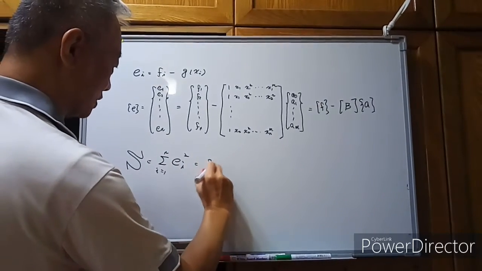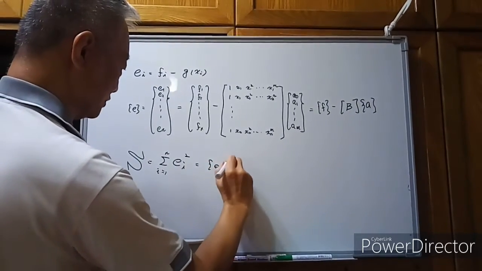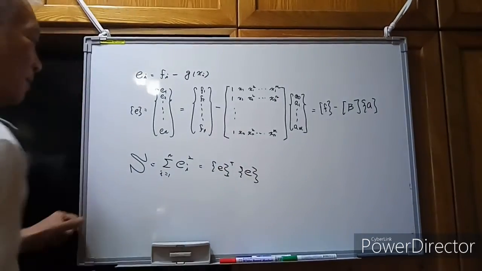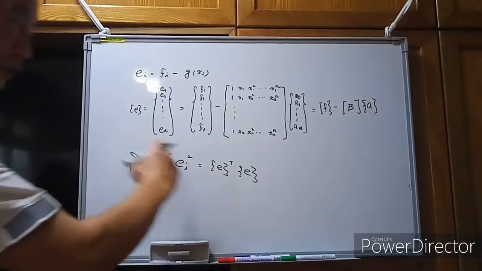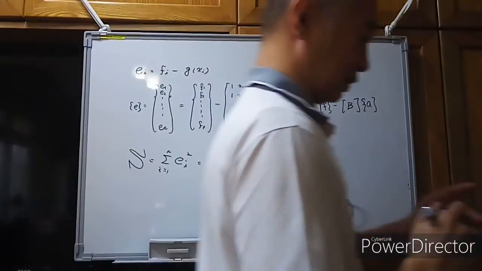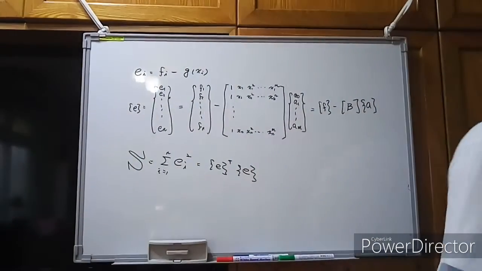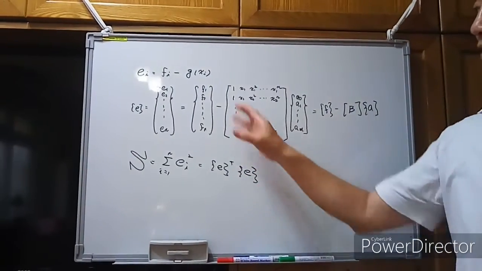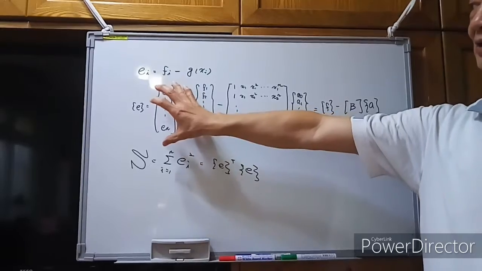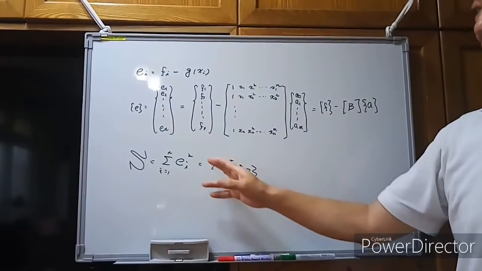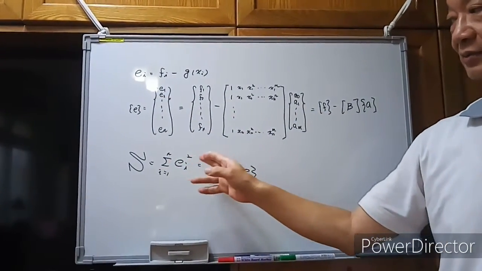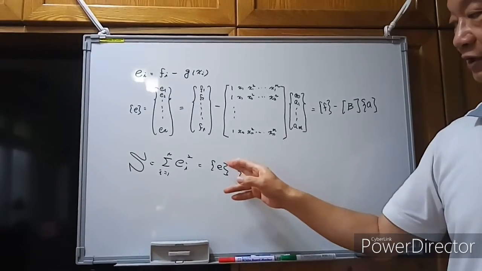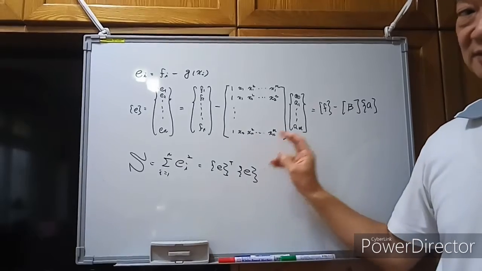For this, we can say it is the E vector transpose times E. Using the basic calculations for matrices, if we have defined the E vector, then the capital S, the summation of ei squared, is the E vector transpose multiplied by the E vector.